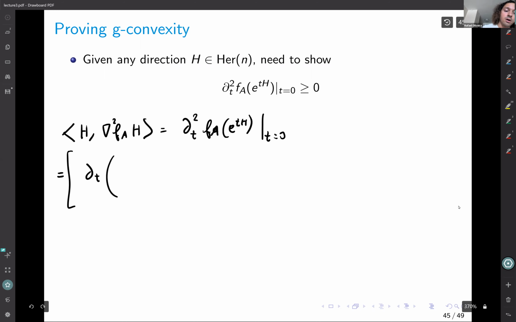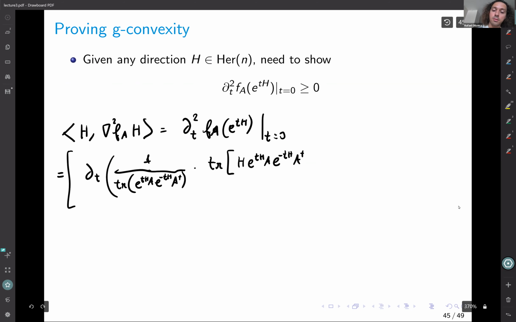So this is the derivative of the first derivative that we had: 1 over trace of e^{-tH} a e^{-tH} a dagger, times the trace of H e^{tH} a e^{-tH} a dagger minus e^{tH} a H e^{-tH} a dagger.